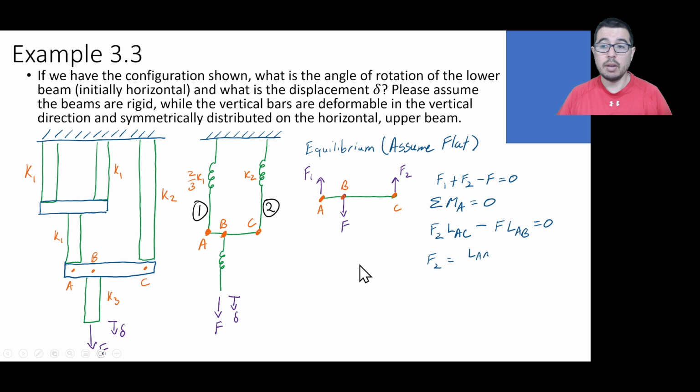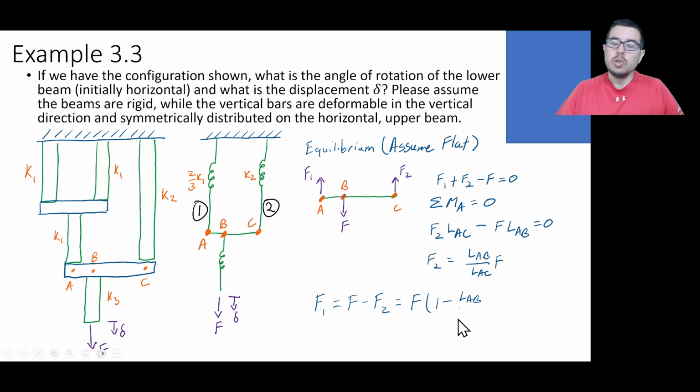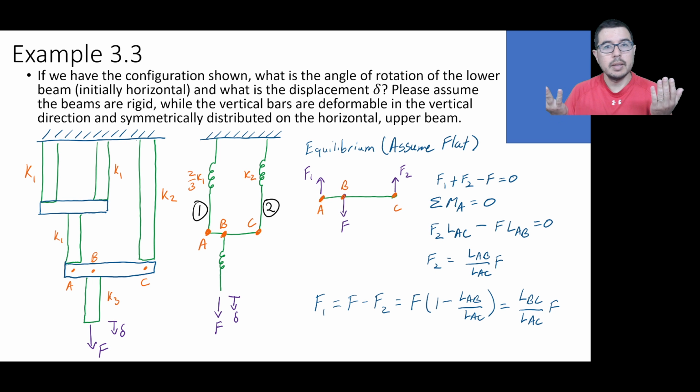And so we can write out now a relationship for what we have between F2 and F. And since we've also done equilibrium up here for the forces, we can figure out what F1 should be as well. So we've got now expressions for F1 and F2, and they're in terms of the lengths of these parts of the beam.